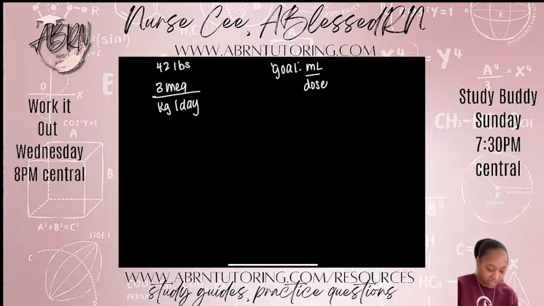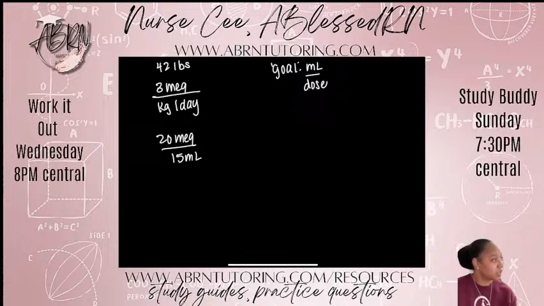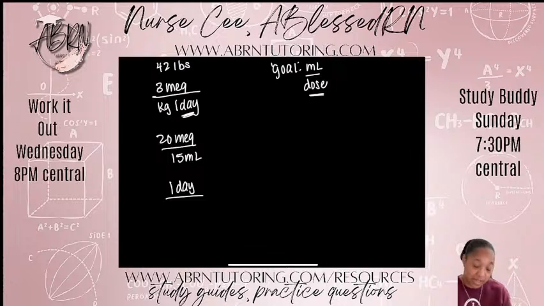And then your product is 20 mEq per 15 mL. It's to be given every 6 hours. Doesn't this puzzle piece have day in it? And doesn't our goal require dose? So we have to know how many doses are in the day. Every 6 hours, 24 divided by 6 is going to be 4 doses.